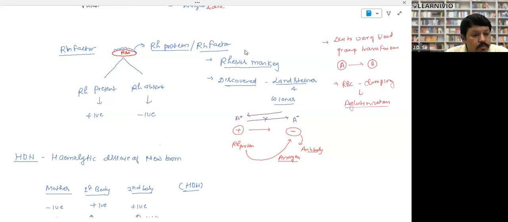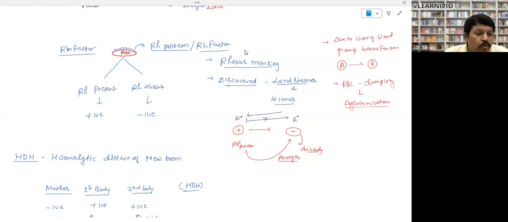Have you done genetics in 12th class? Yes, sir. Rabia? So, have you done ABO blood group? It is there in your NCERT as well. Yes, sir. That is called multiple allelism.